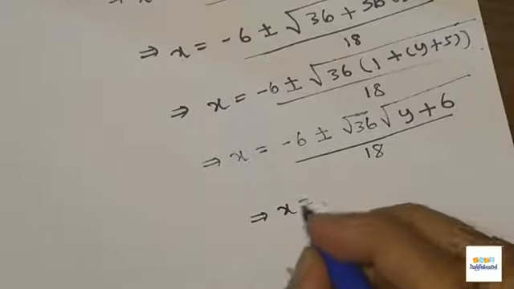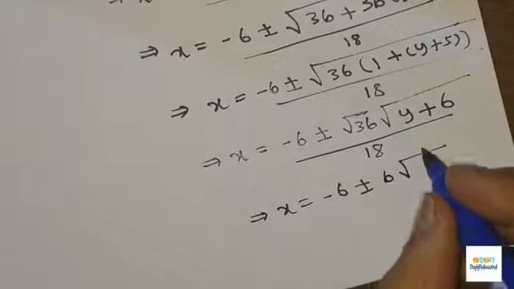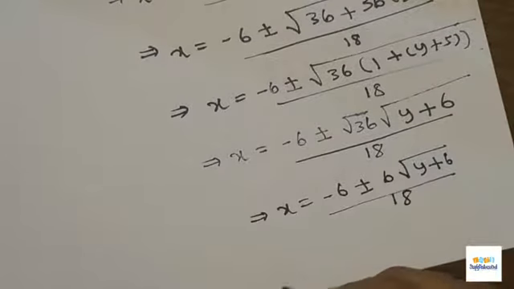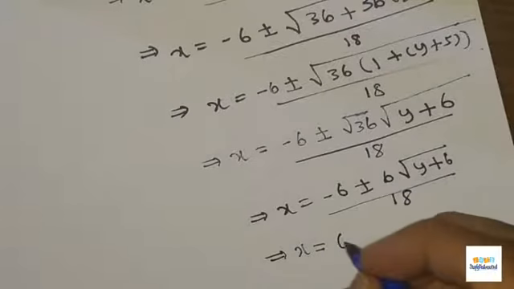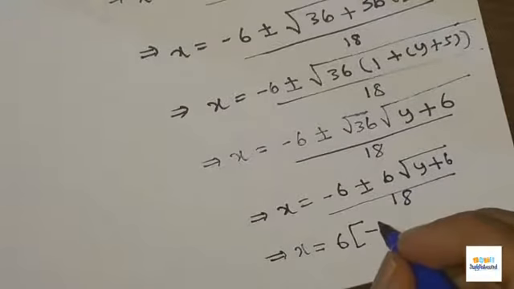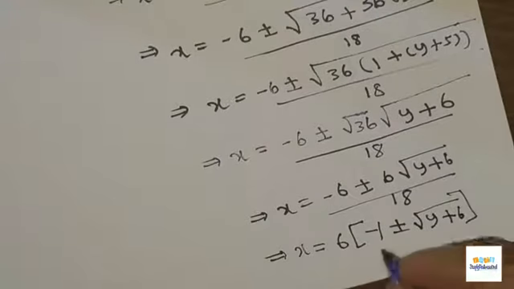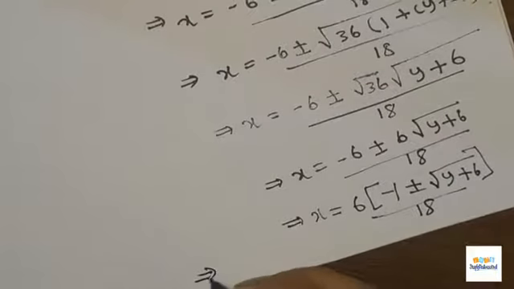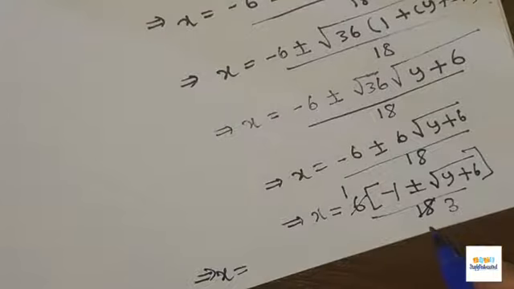Now this implies x is equal to minus 6 plus or minus root of 36, which is 6, multiplied by root of y plus 6, divided by 18. If we take 6 common here, we get 6 multiplied by minus 1 plus or minus root of y plus 6, divided by 18. 6 1s are 6, 6 3s are 18.